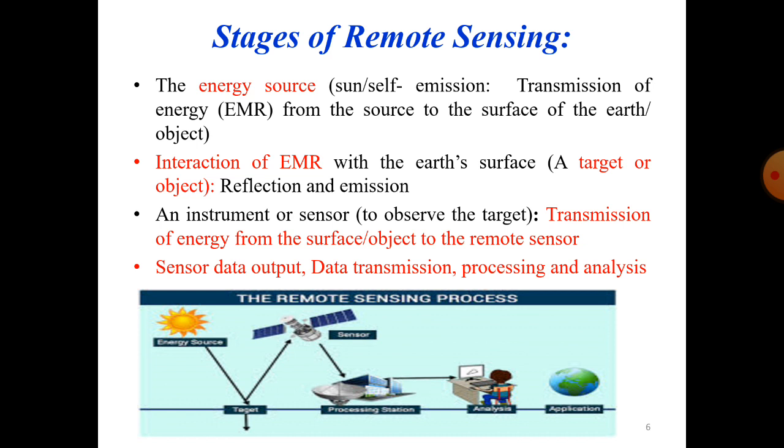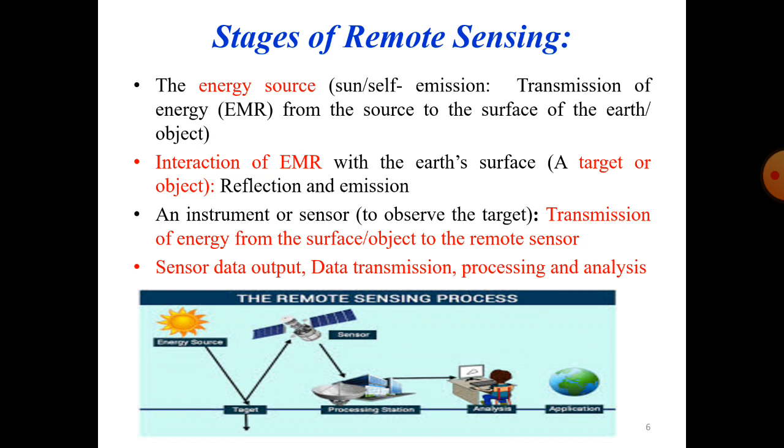The second step is the interaction of EMR with the objects. Here, the source of energy emits EMR that will strike the object. Now, some energy of the EMR gets absorbed by the object and some energy gets reflected back.